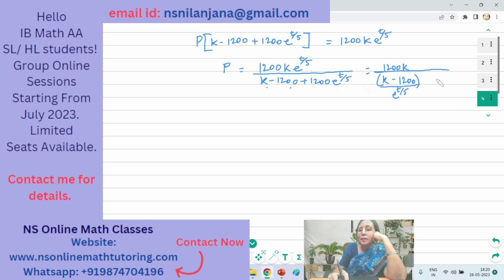And the second term is 1200 e to the power of t over 5 divided by e to the power of t over 5, which will be 1200. And since this is in the denominator, if I want to bring it to the numerator, it will be e to the power of negative t over 5. So P becomes 1200 K over K minus 1200 e to the power of negative t over 5 plus 1200.